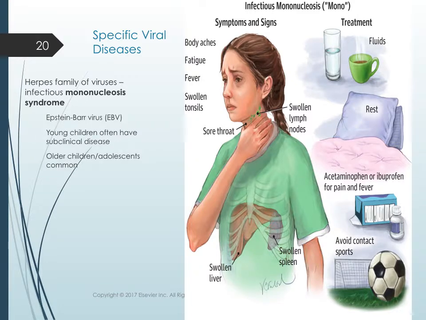There is a classic set of presenting signs associated with mono, including extreme fatigue and excessive sleeping, body aches, fever, swollen tonsils, sometimes extremely swollen tonsils with sore throat, swollen cervical lymph nodes, especially posterior cervical lymphadenopathy, so you should assess carefully for that. The liver is often swollen as well as the spleen, so you always want to do an abdominal exam and palpate for hepatosplenomegaly.